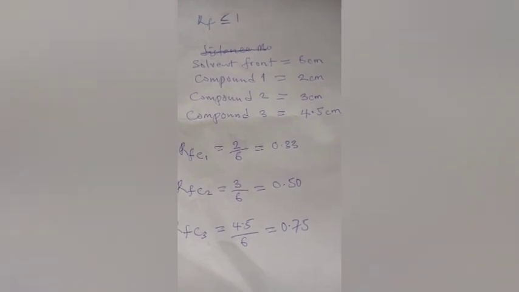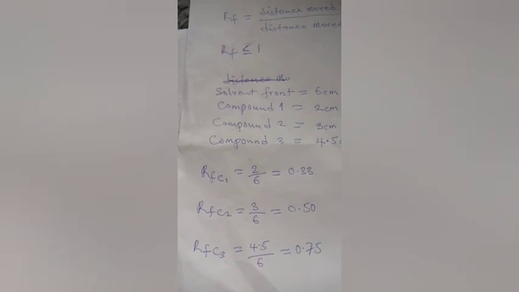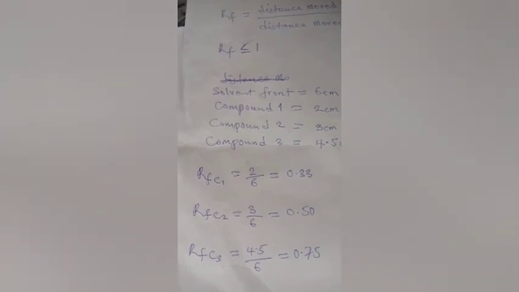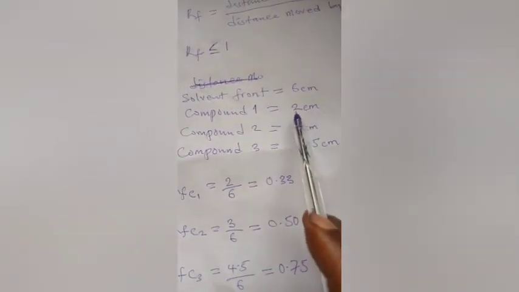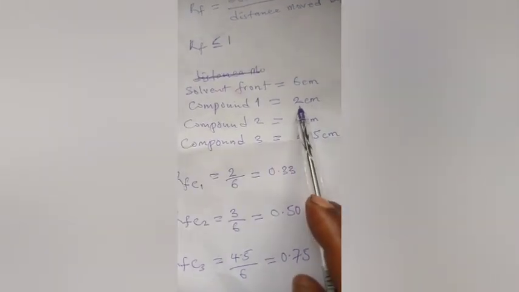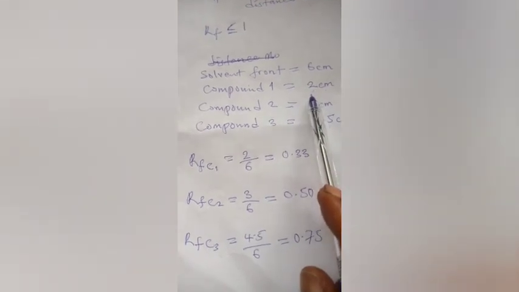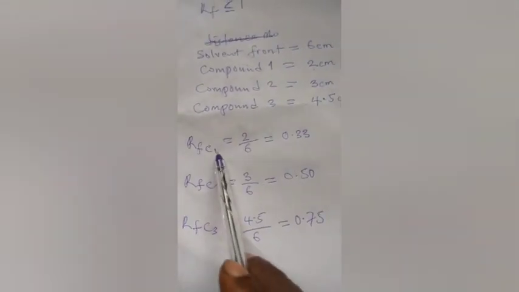Now you want to calculate the RF value of each of the compounds. The next thing you do, let's say compound 1 having distance moved to be 2 cm. What we do next is to calculate the RF value.